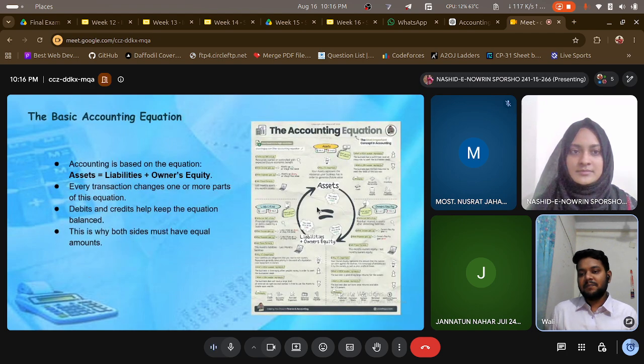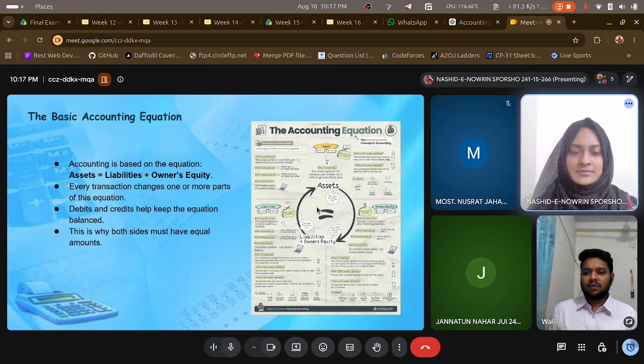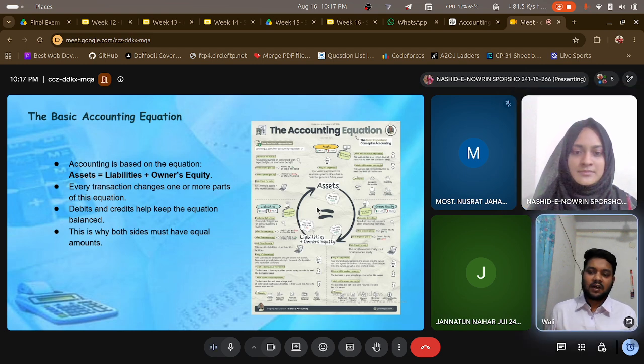Here is the basic accounting equation, I can say the mother equation of accounting: assets equal liabilities plus owner's equity. Every transaction changes one or more parts of this equation. If we think about a practical example, say I have 1000 taka in my hand for my business.